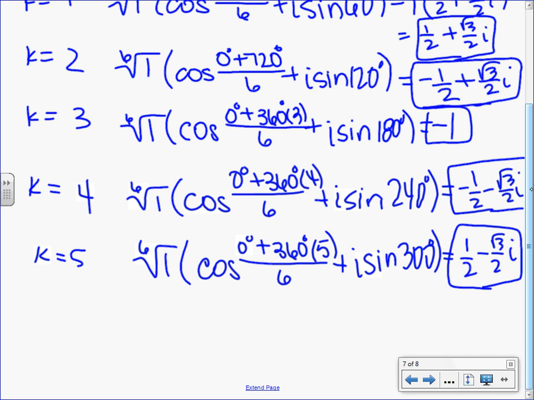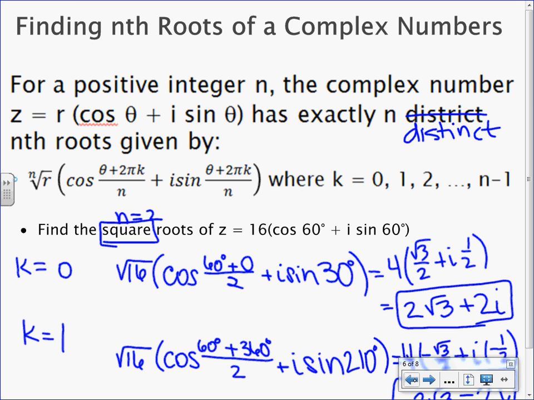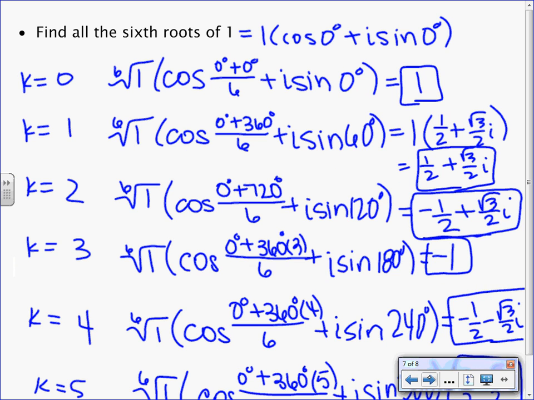How far apart were my second roots? 180. And why do you think that is? Oh, 360 divided by 2. Okay? So, if you need that shortcut, you may use it.